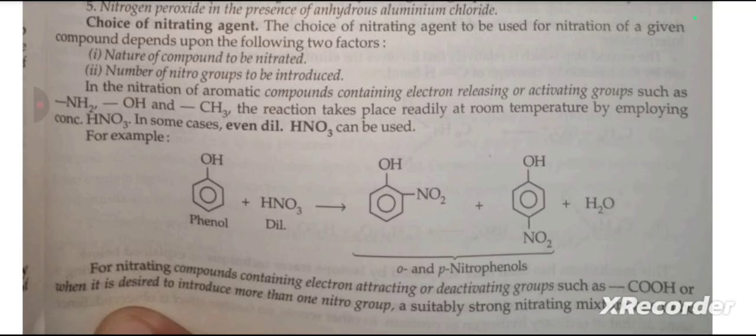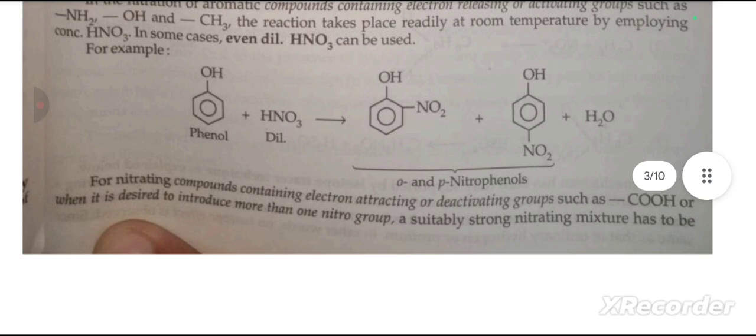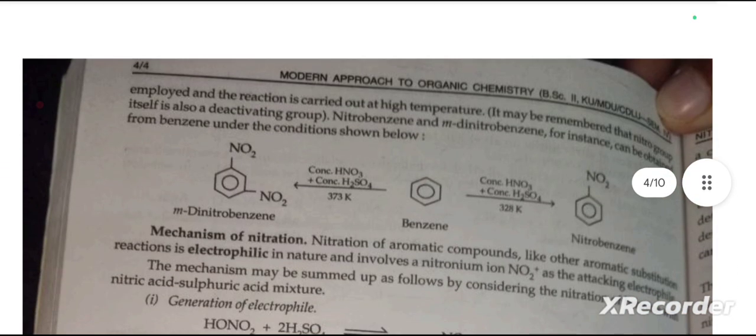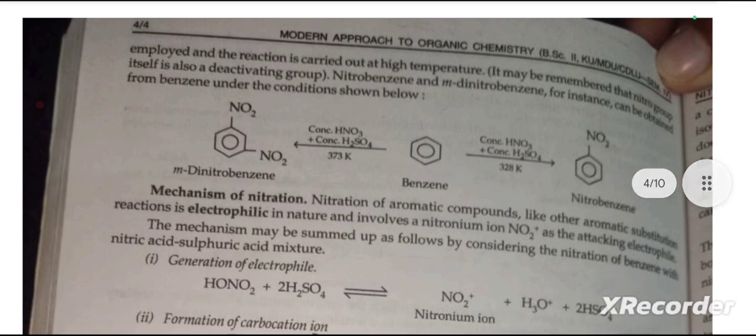In some cases, even dilute HNO3 can be used. For nitrating compounds containing electron attracting or deactivating groups such as COOH, or when it is desired to introduce more than one nitro group, a suitably strong nitrating mixture has to be used and the reaction is carried out at high temperature.